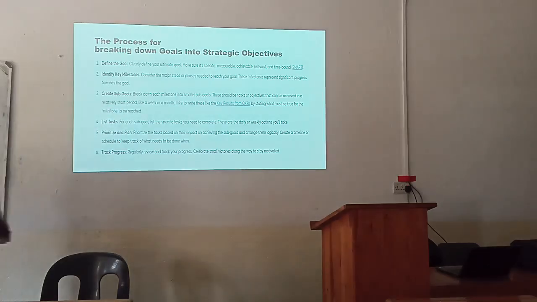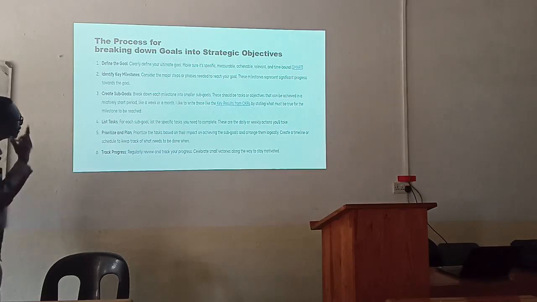Sub-goals and objectives are the same. Break down each milestone into smaller sub-goals. These should be tasks or objectives that can be achieved in a relatively short time, like a week, a month, 6 months. Don't worry about that.